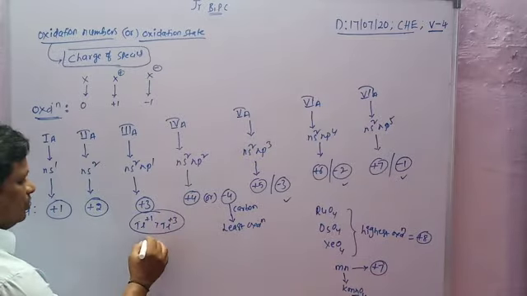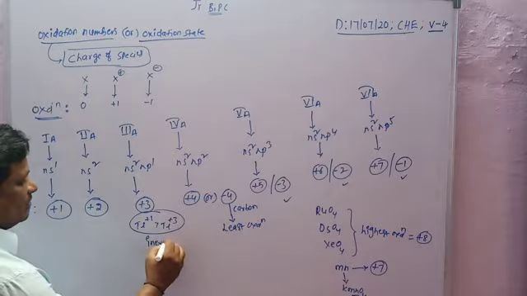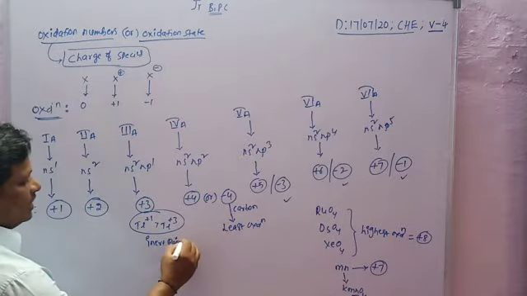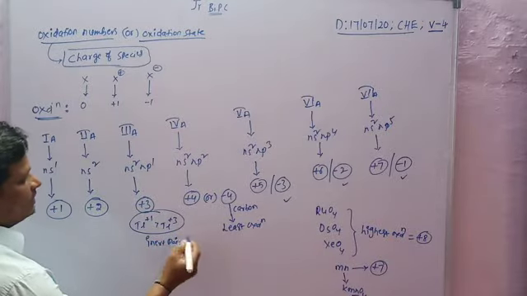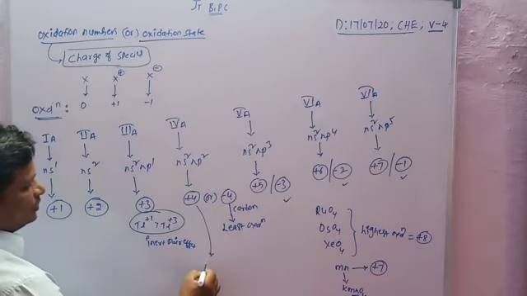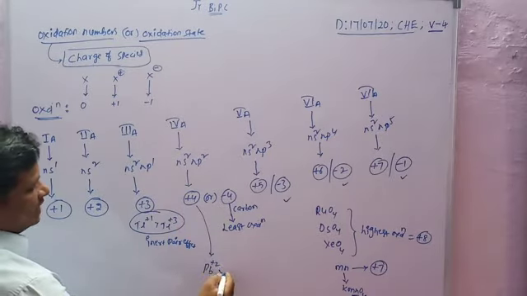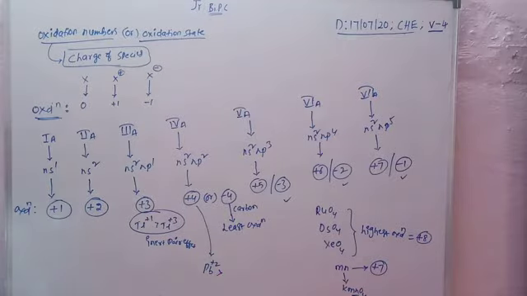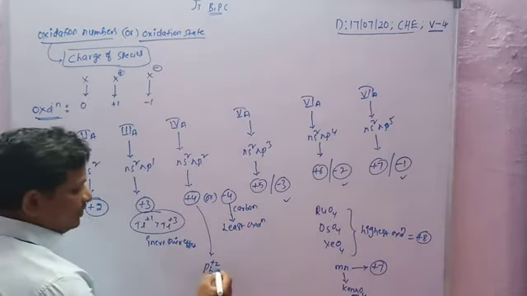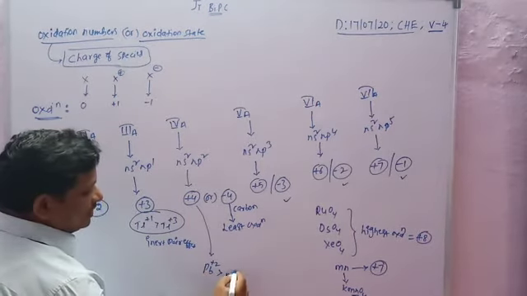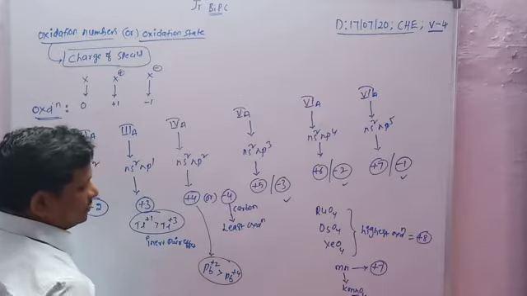It is due to the inert pair effect. Same in the fourth group, carbon, silicon, germanium, tin, lead: Pb +2 is more stable than Pb +4.